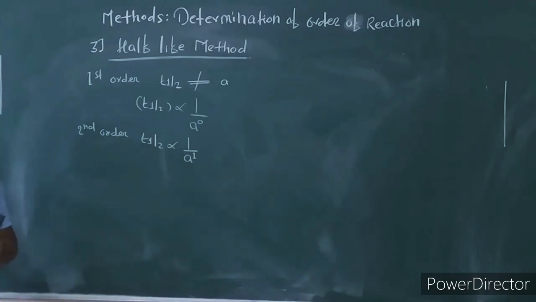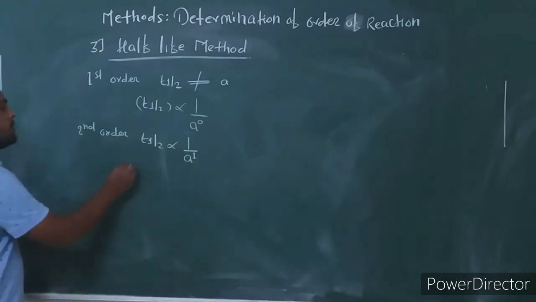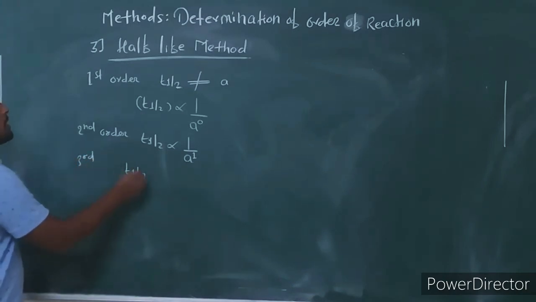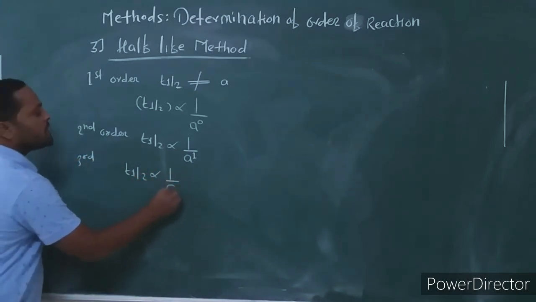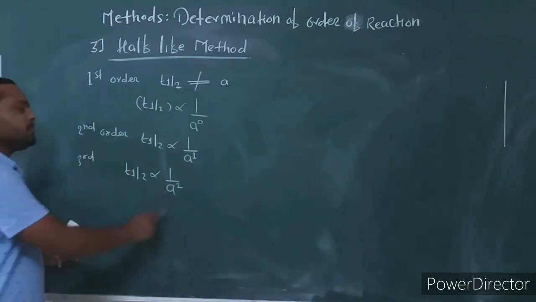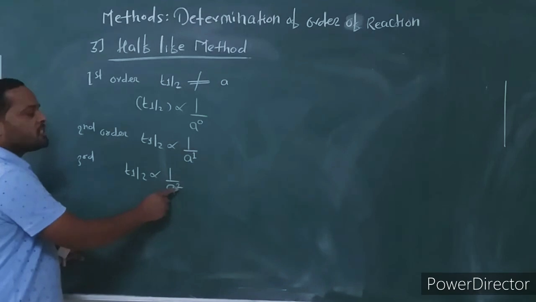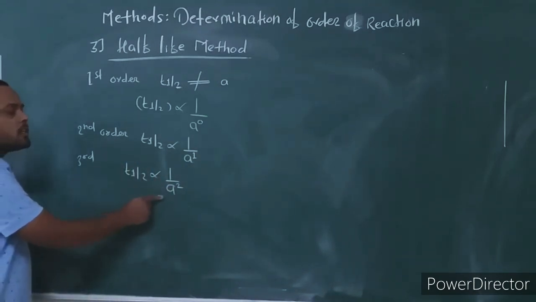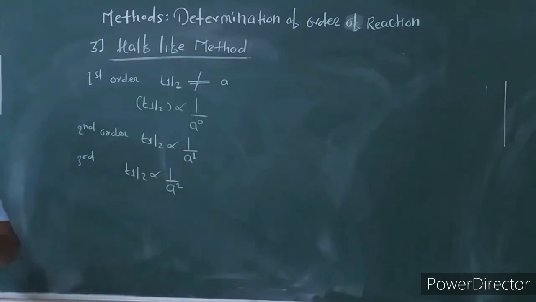For the third order reaction, the half-life period is inversely proportional to the initial concentration having power 2, meaning the square of the initial concentration.